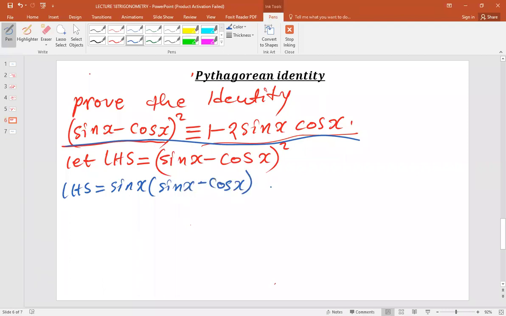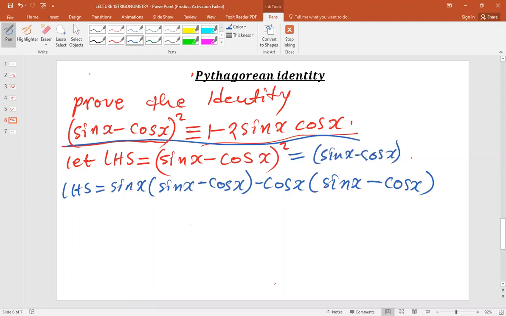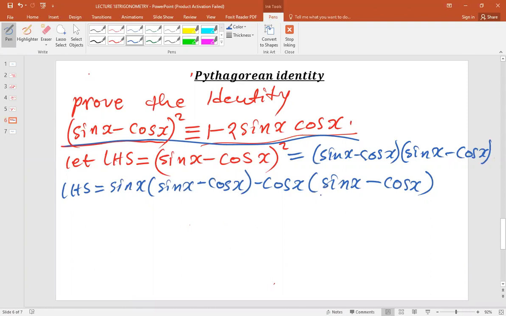And then negative cos x will also multiply with everything, which is sin x minus cos x. Why am I doing this? Because I know that this part here is just the same as sin x minus cos x multiplied by sin x minus cos x. Okay, so here we can now do the multiplication.